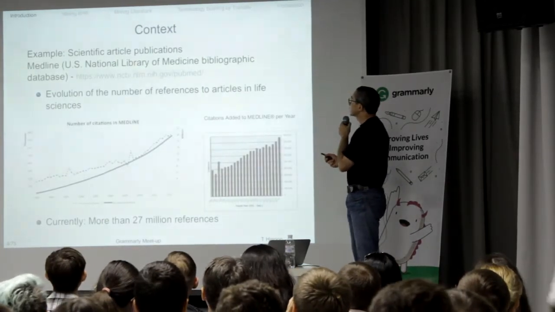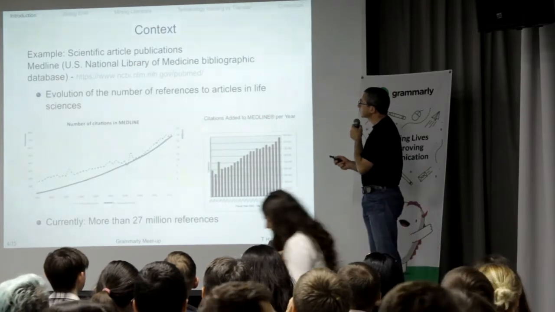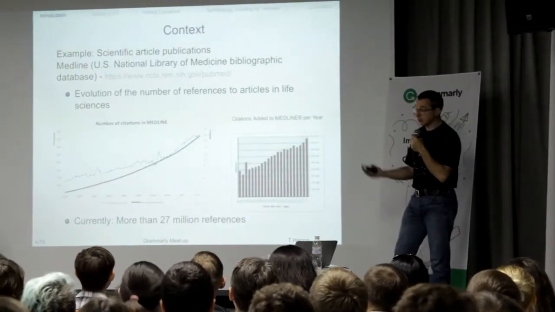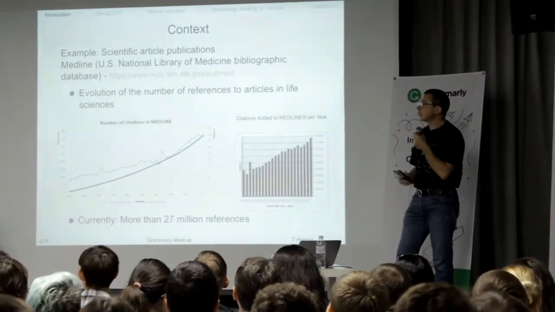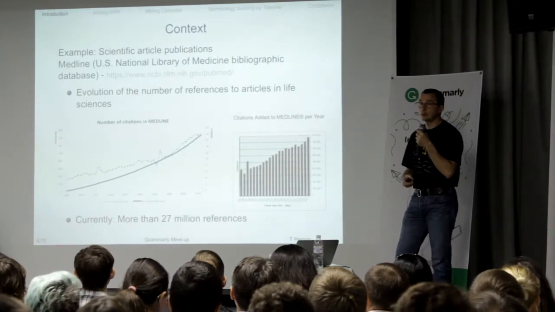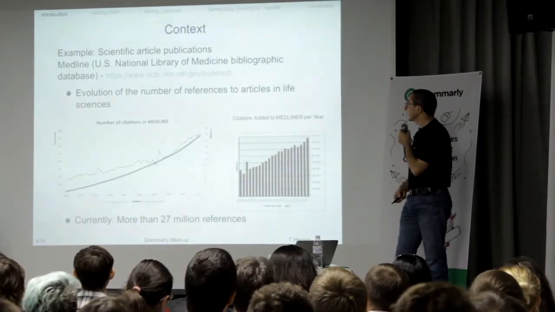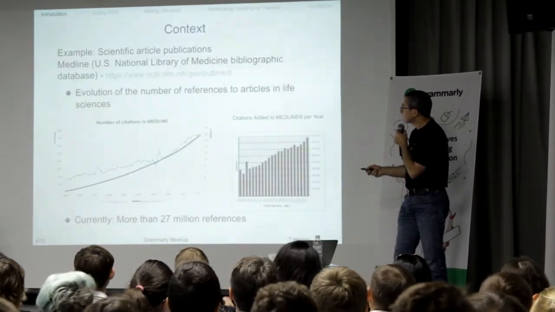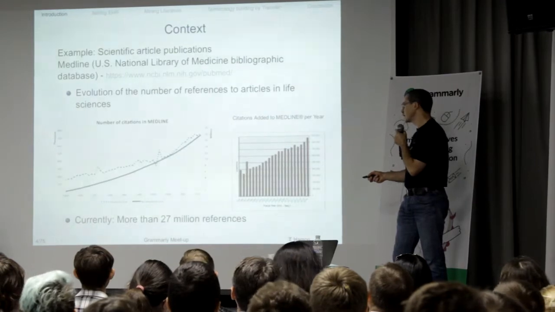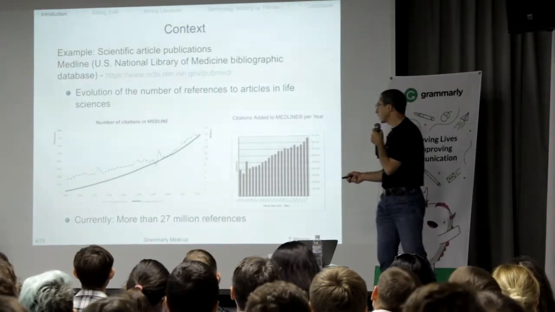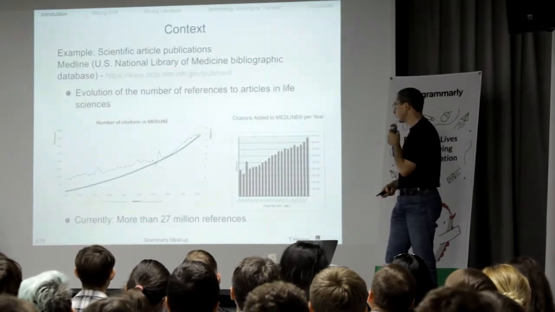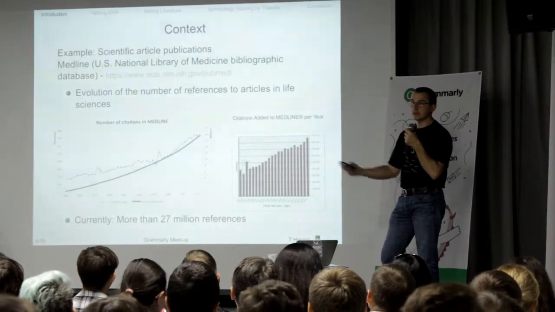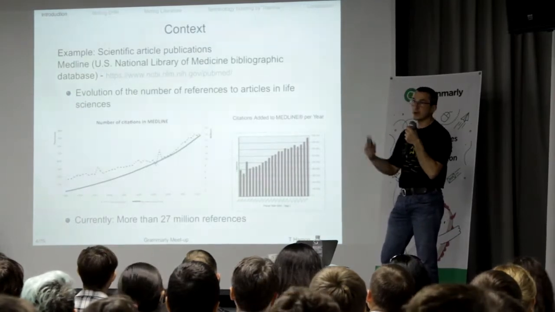Just for an illustration, the Medline portal is an internet website where you can find most of the scientific publications related to the medical domain, and there is a constant increase of the citations. I forgot to check today, but I think at the beginning of the year, there were about 25 million references, so 25 million papers that can be accessed in this domain, or at least the abstract and the title.